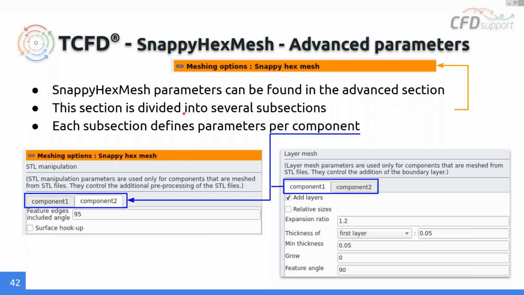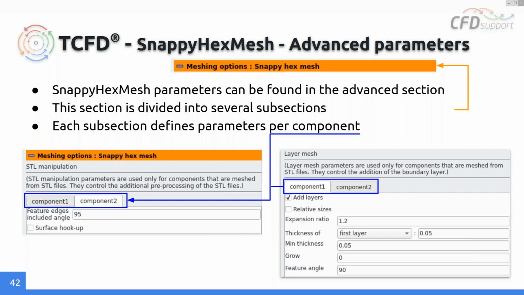It is divided into several subsections based on each step of the meshing process, and each subsection defines parameters per component. So don't forget that if you set, for example, add layers for component 1, then you also have to switch to component 2 and set similar or different parameters, but it must be set per component, for each parameter.